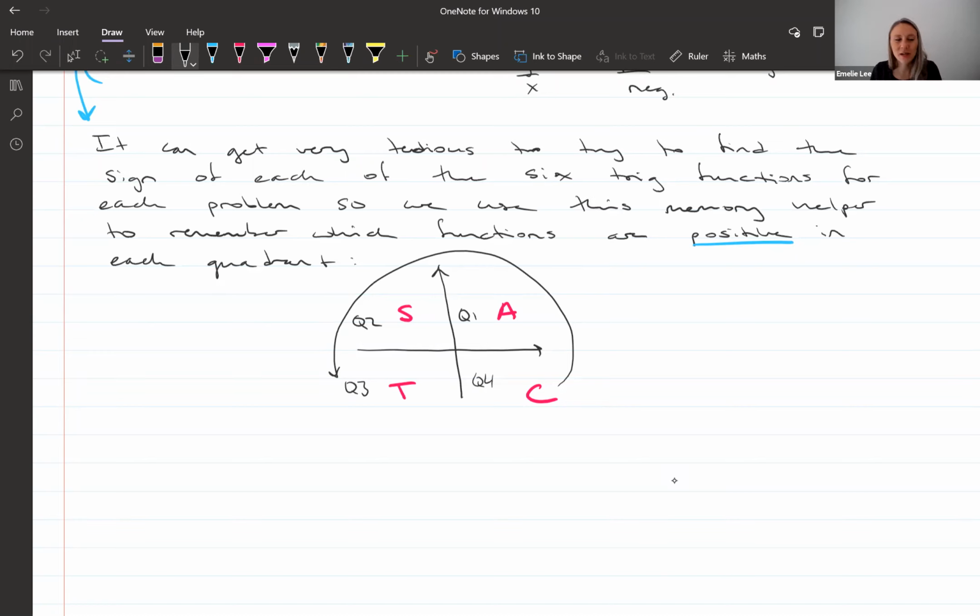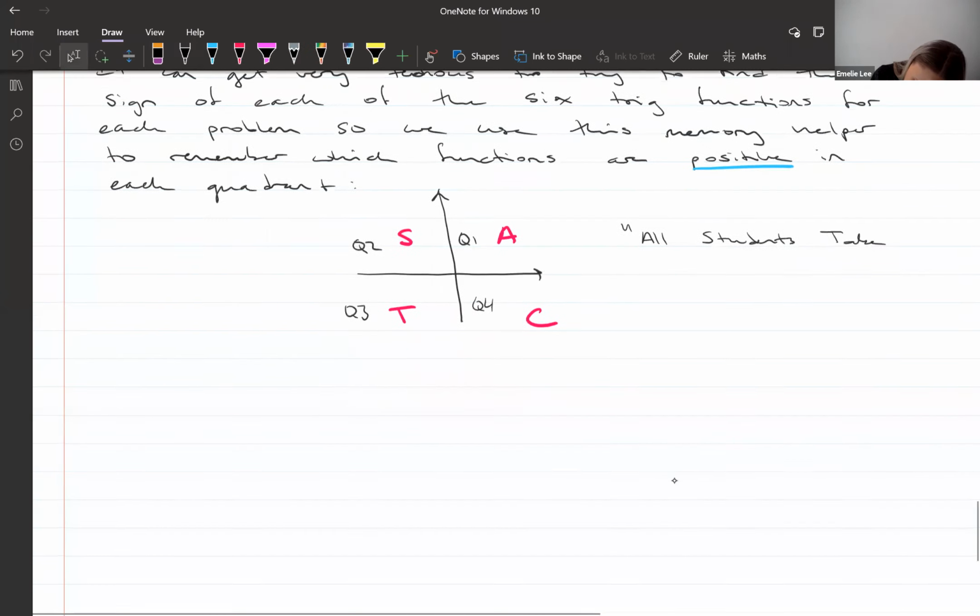I guess you could even muster a CATS, or reading from Q1 all the way to Q4, all students take calculus. Or I've also heard all suckers take calculus. So whichever you prefer. I'll say students because it's more appropriate. But as long as you have those under control, right? So here we have all students take calculus.